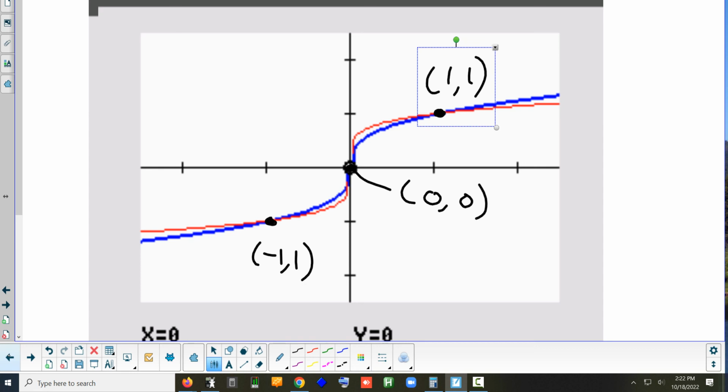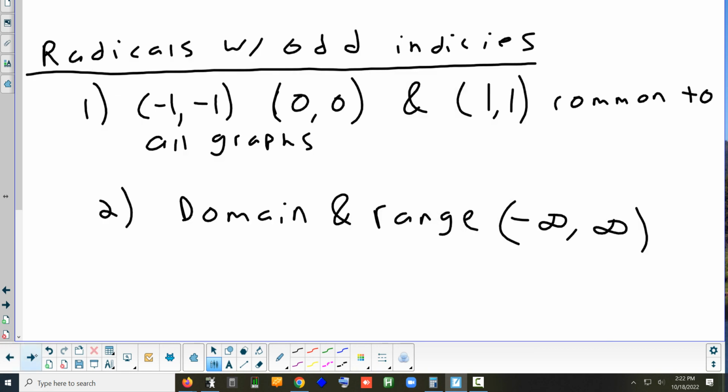They go left and right forever, and they go up and down forever. Doesn't look like it's going up very fast, but it is going to keep going up. So that's why the domain is negative infinity to infinity, and so is the range. So those are some of the characteristics of odd roots.